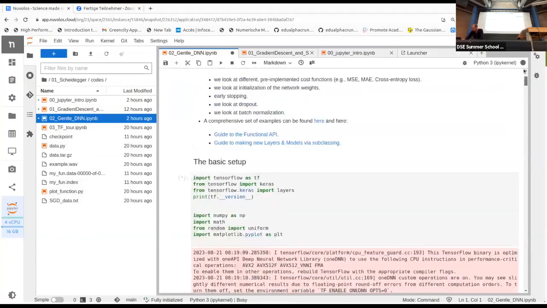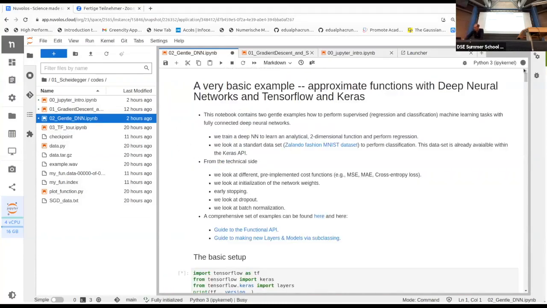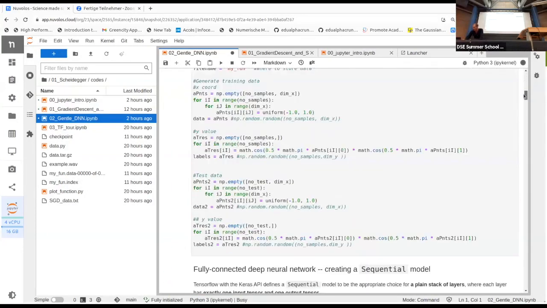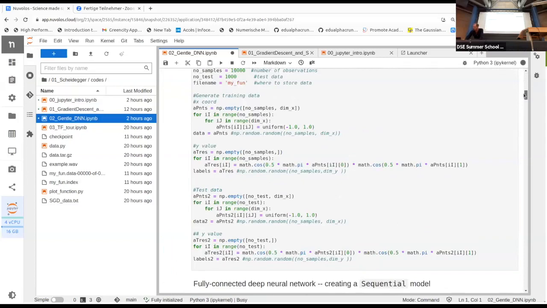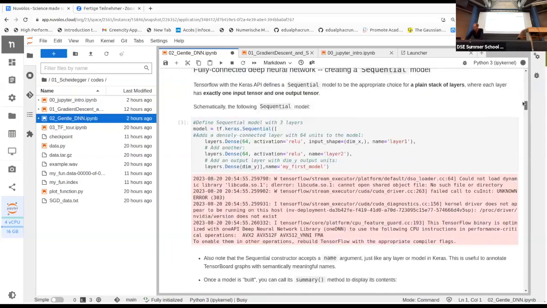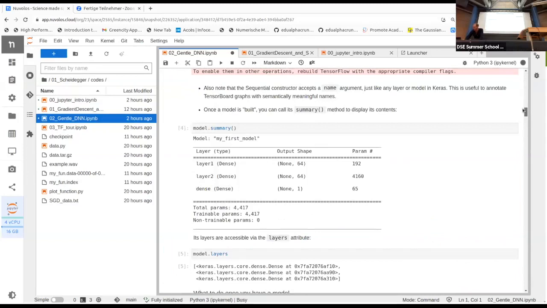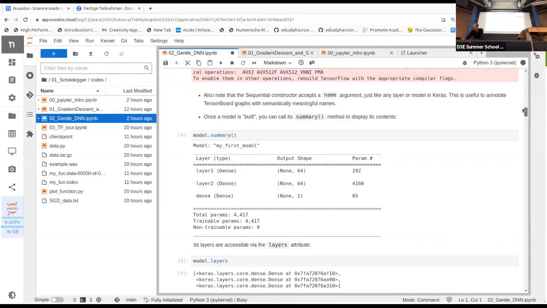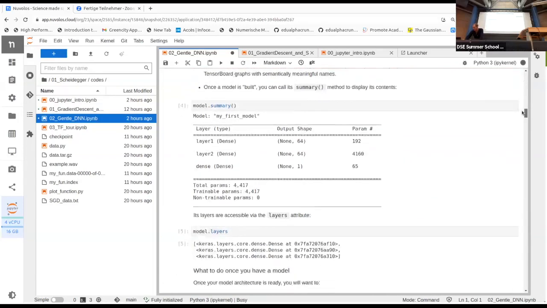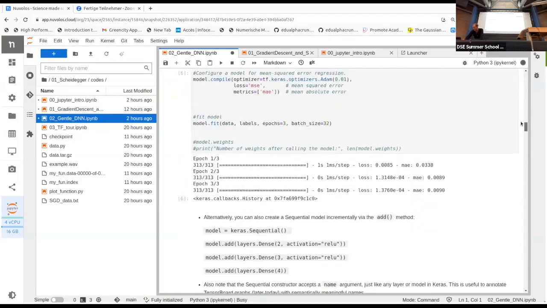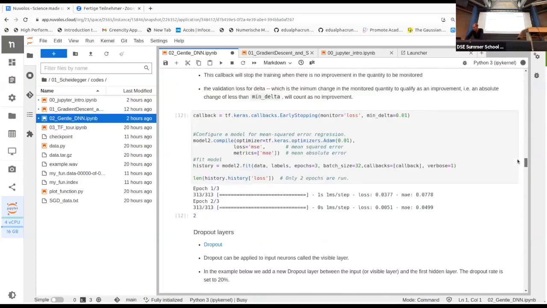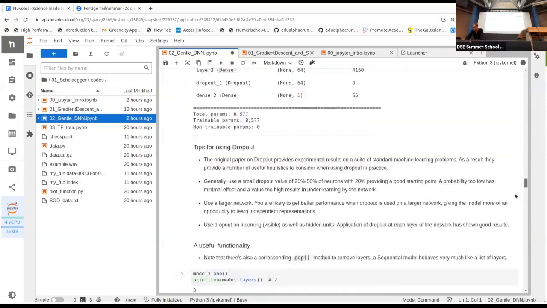This second notebook gives you a comprehensive introduction to what I just discussed. It will generate artificial two-dimensional training data of an analytical function. Then we will set up a fully connected neural net, train it, and see the out-of-sample error.